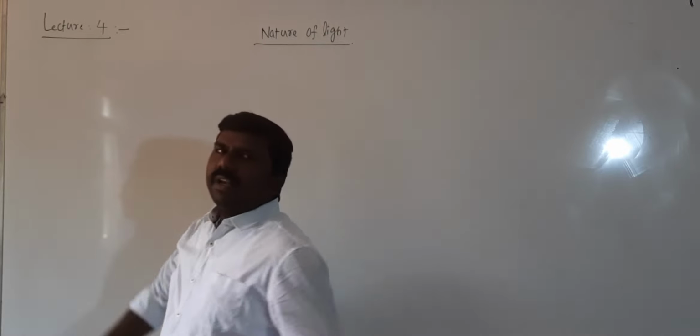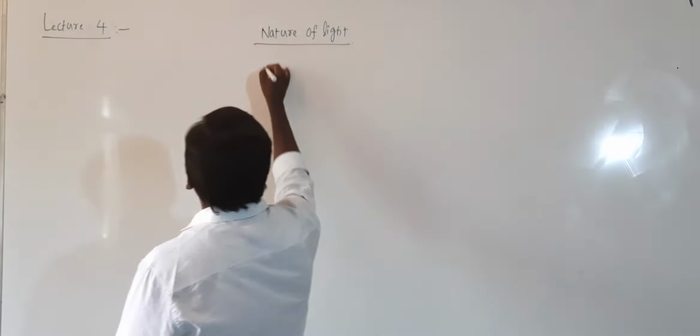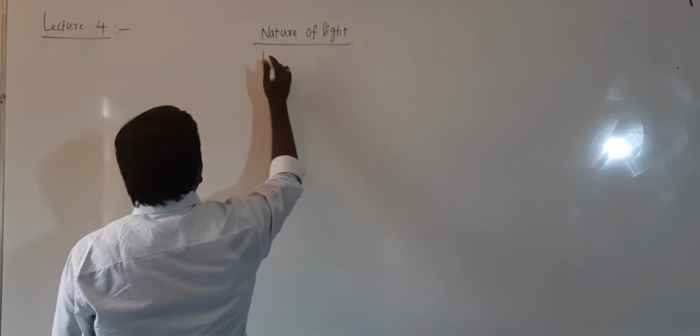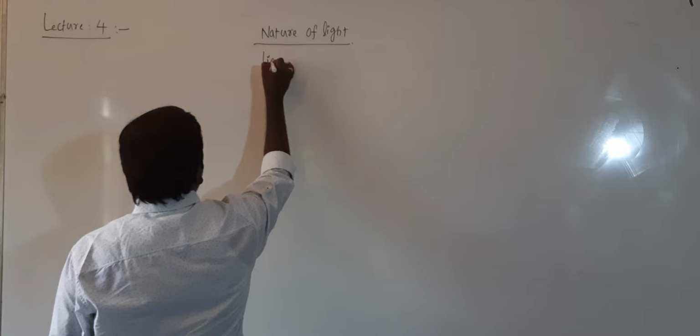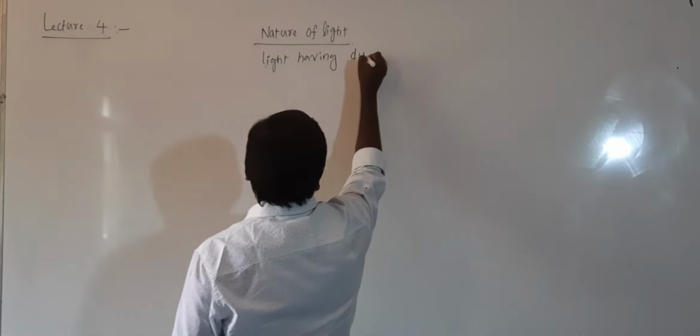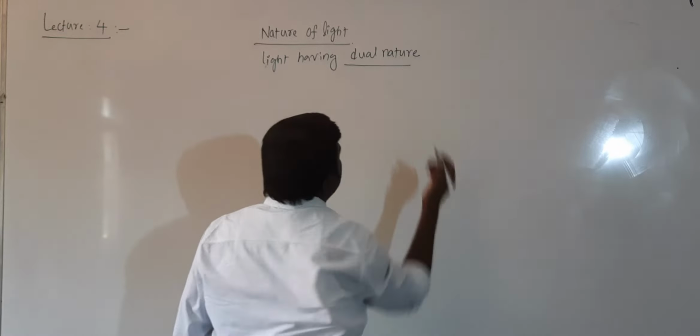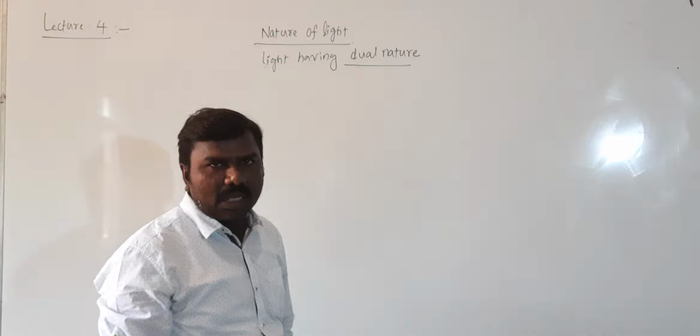The nature of light is explained by two theories. Light has a dual nature. The dual nature of light is explained by two theories.